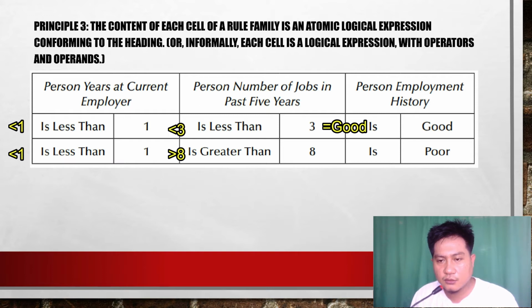And this one to equal to 4. As you can see, the greater than, the less than, and the is, those are what we call operators, logical operators, logical expressions with operators and operands.